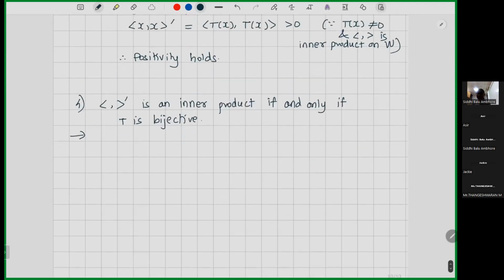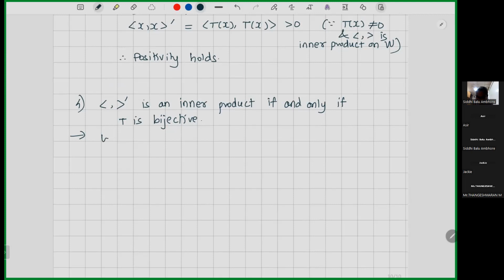But they are saying that this gives an inner product if and only if T is bijective. So what is your guess here? If and only if means that if this is forming an inner product, then the map has to be bijective. No, right? Because we proved it for injectivity and it did not pass surjectivity. So can we just give a counterexample where the map is not bijective but it is injective? Then that would violate the only-if part.